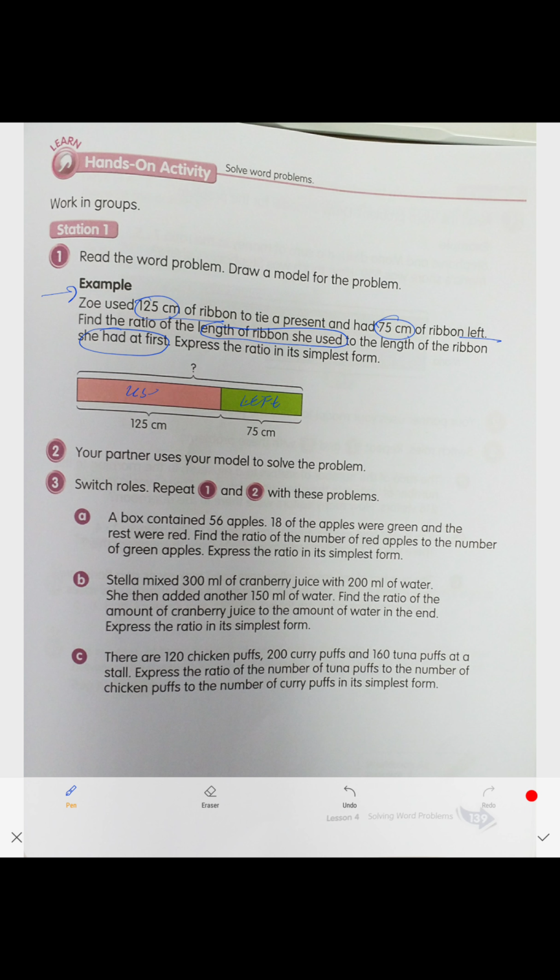So this is used. Very easy. We just need to find the total. So 125 plus 75 is what she had before, 200 centimeters. Used is 125, and at first she had 200.